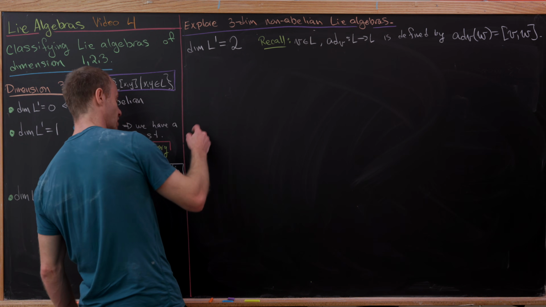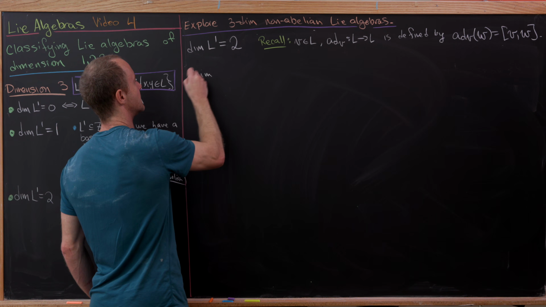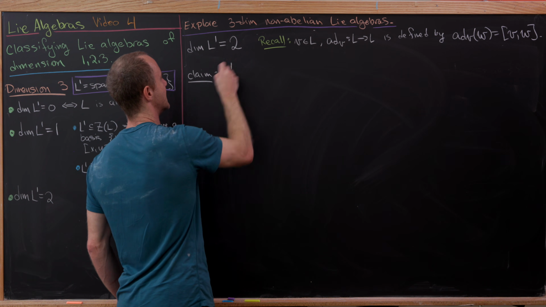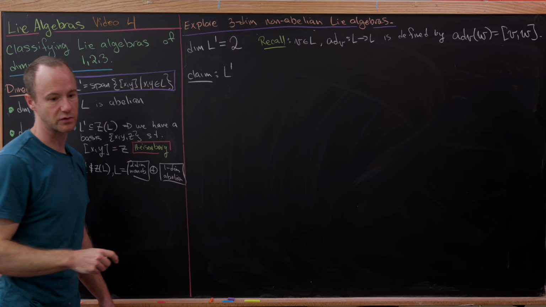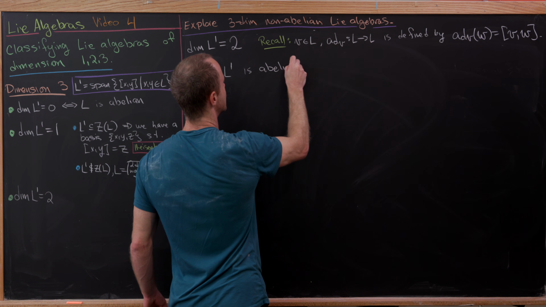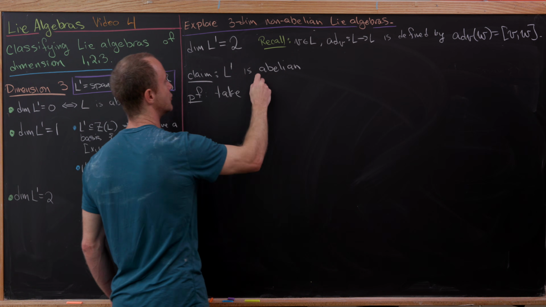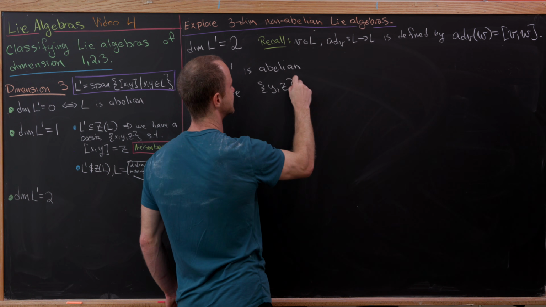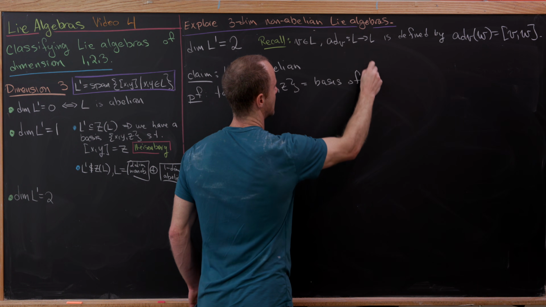Okay, so starting here, we're going to make an opening claim. This opening claim is that in this case where the dimension of L prime is equal to 2, we'll show that L prime itself is abelian. Since the dimension of L prime is 2, we can take y, z to be a basis of L prime.